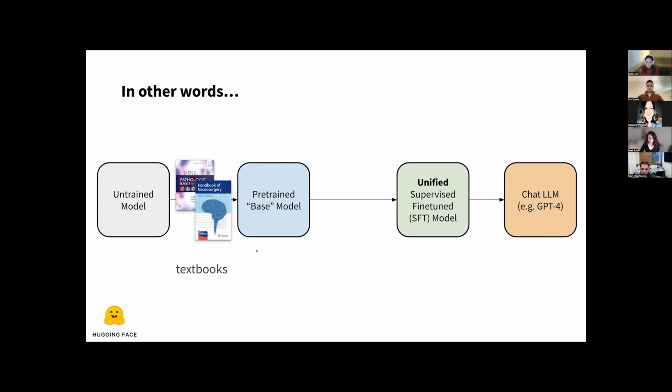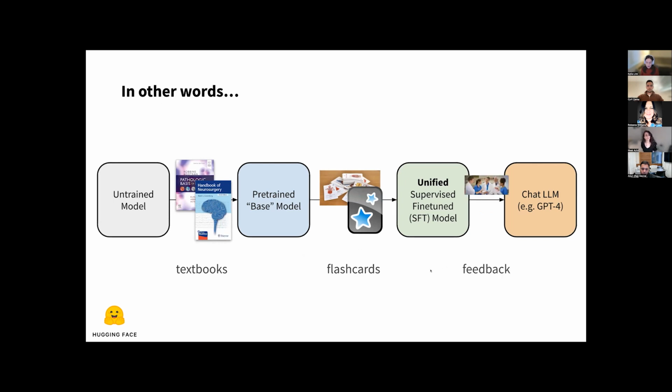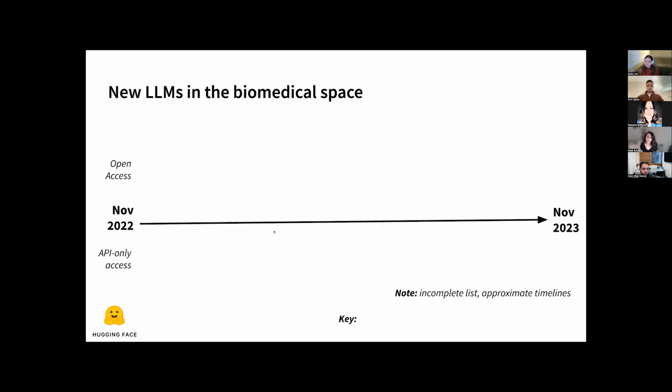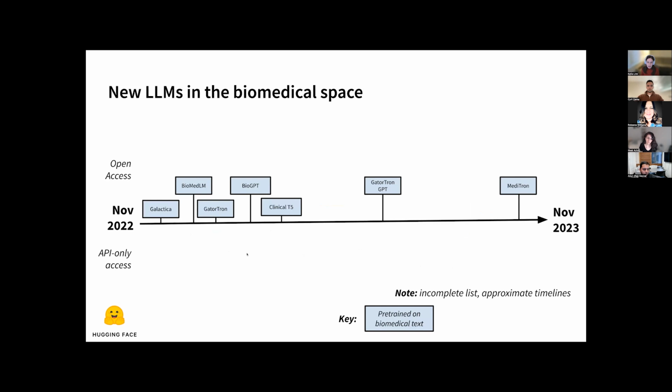In other words, you have this textbook step where the model is reading a ton of textbooks. Then you have a step where it's potentially looking at a bunch of flashcards like a second-year medical student might do. And then it's getting feedback from its attendings, for example, as it might on rounds. And from this pipeline, we've seen a number of new LLMs emerge within the biomedical space specifically.